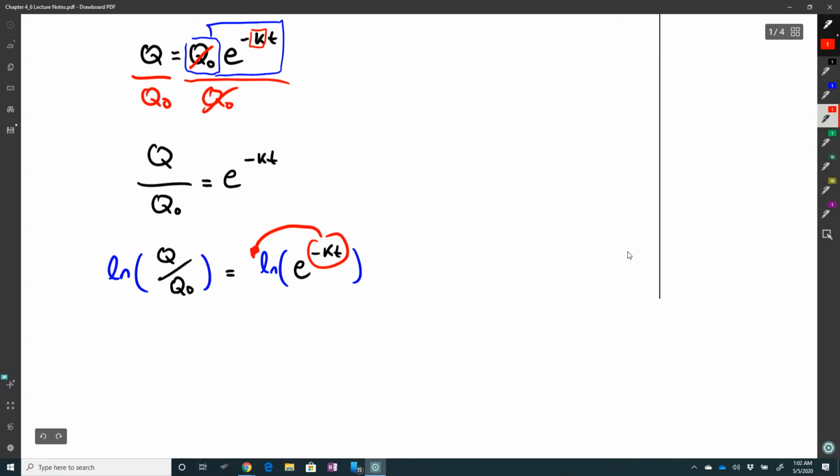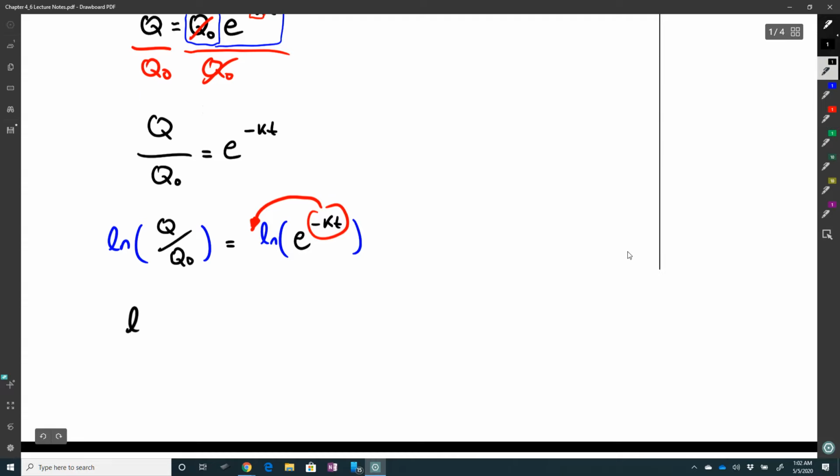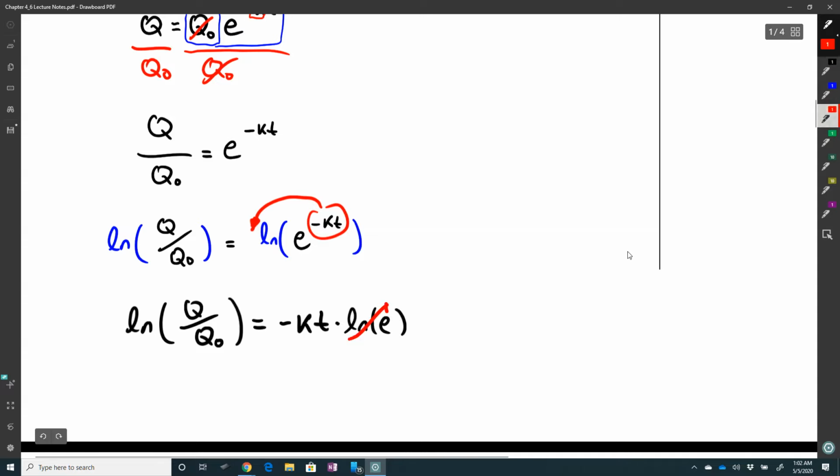That's fine. Usually during stress situations, people don't see that and they bring it to the front instead. It's up to you. So we get negative kt times ln of e, but again, ln of e is 1. So you have ln of Q over Q naught equals negative kt.